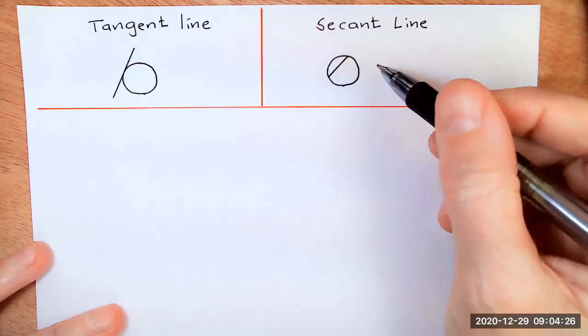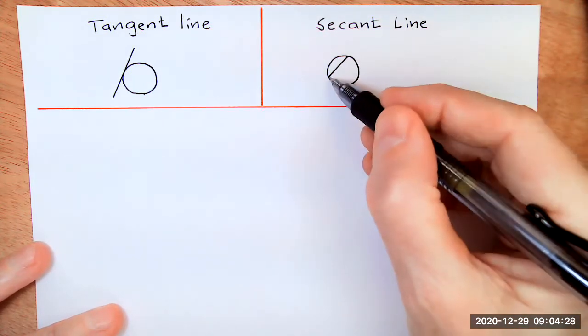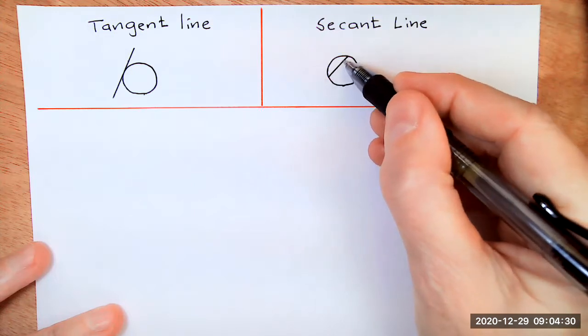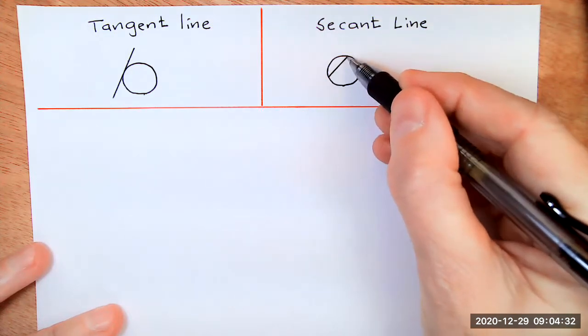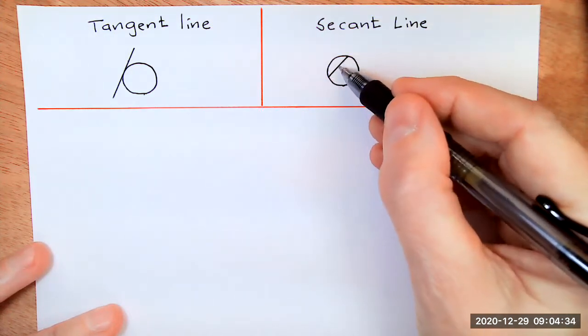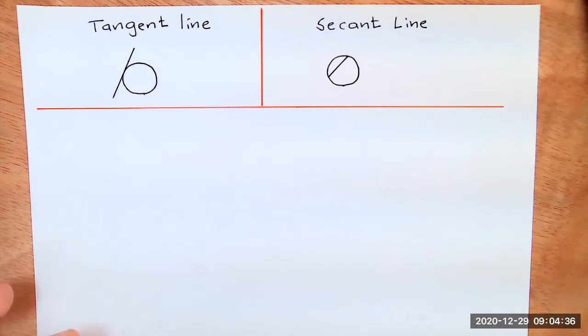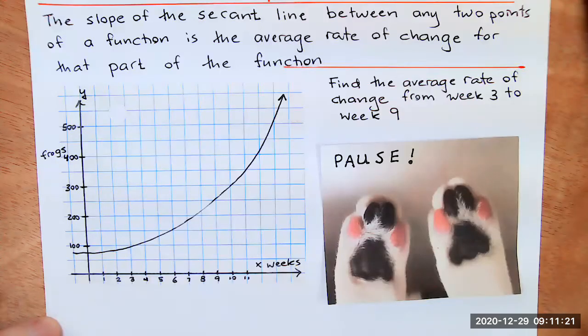So secant is to cut. So when we're talking about the average rate of change, we're looking at the slope of the secant line. Let me write that down for you. Right, the slope of the secant line between any 2 points of a function is the average rate of change for that part of the function.